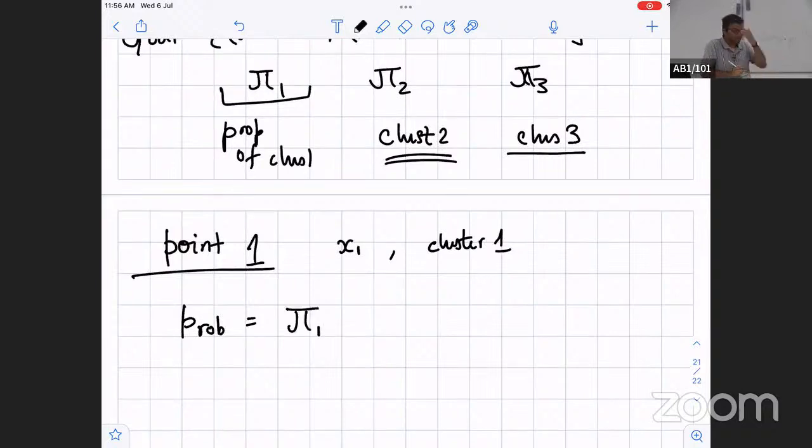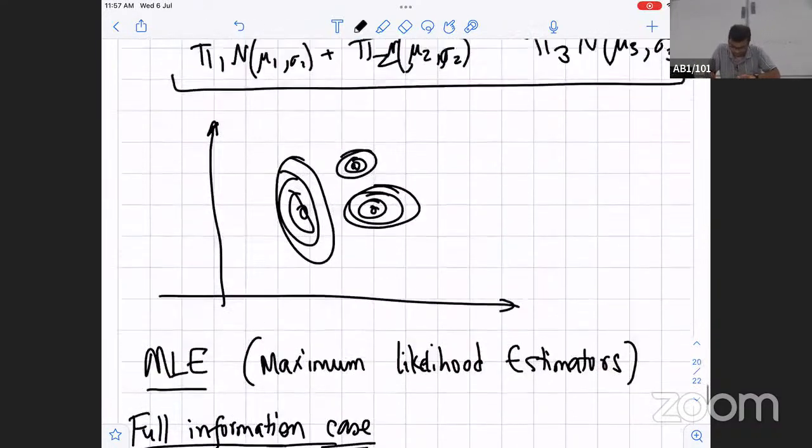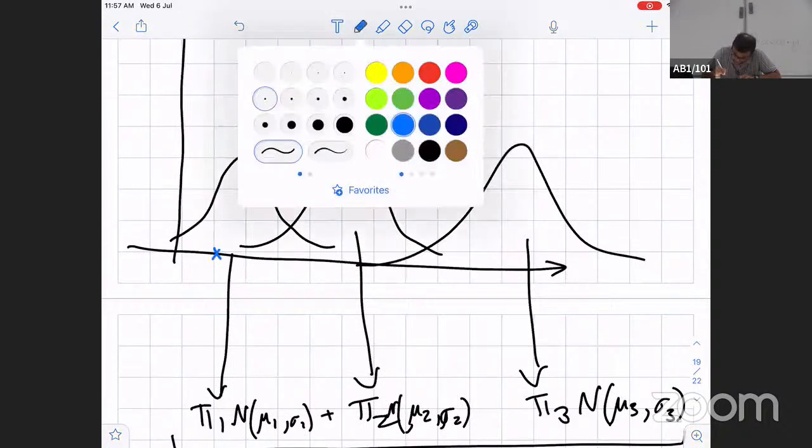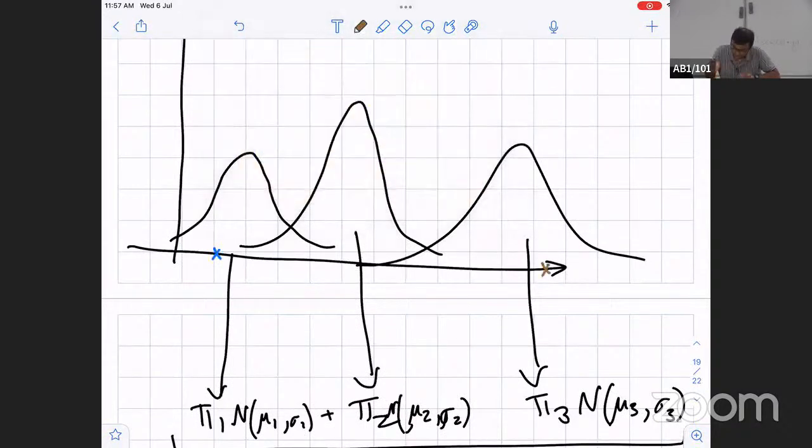And you multiply it with the normal distribution, right? See, if the person that I picked ends up being very close to the center versus this other point, which is more likely? Is the blue point more likely or the other one? The blue point, because cluster 1 is right here. So this is more likely versus that, right?